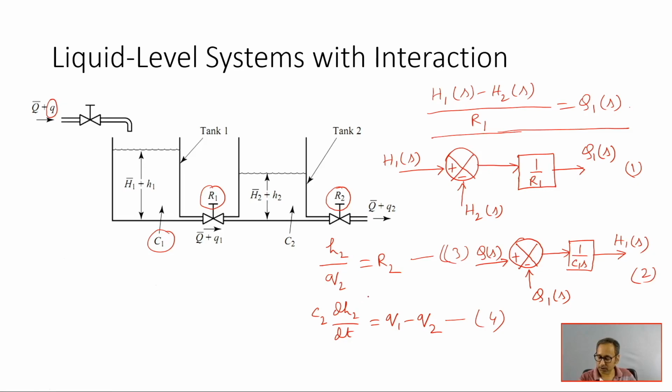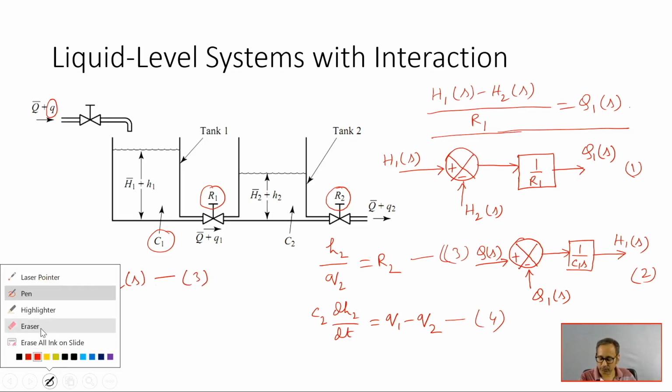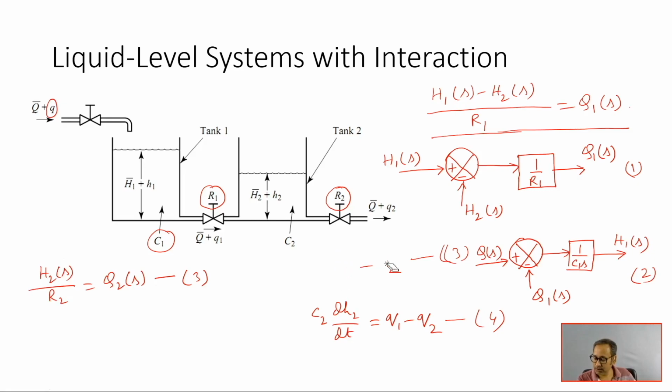So, let us now erase equation number 2. Okay. Next come to equation number 3. This equation number 3 means H2(s) equal to R2 into Q2(s). That means H2(s) divided by R2 equal to Q2(s). This is the Laplace transform of the original equation.